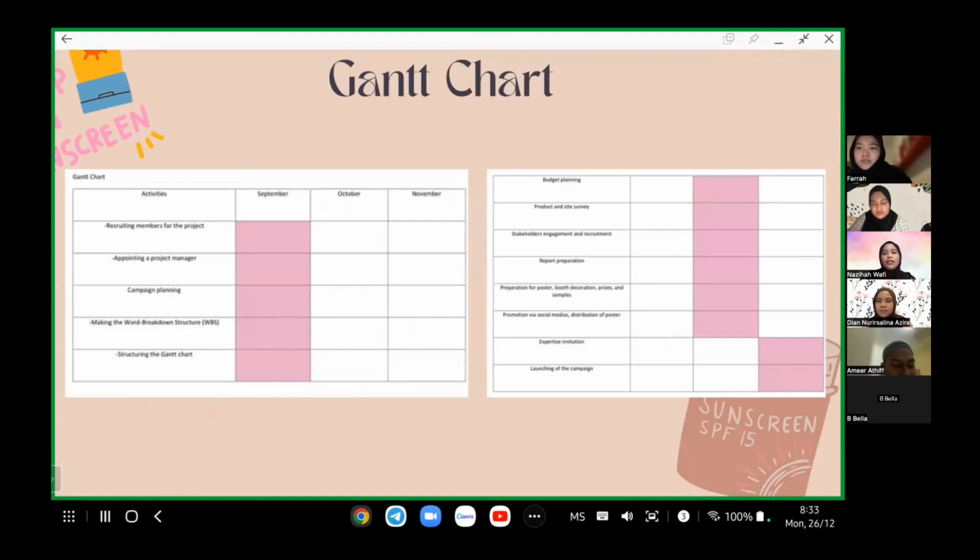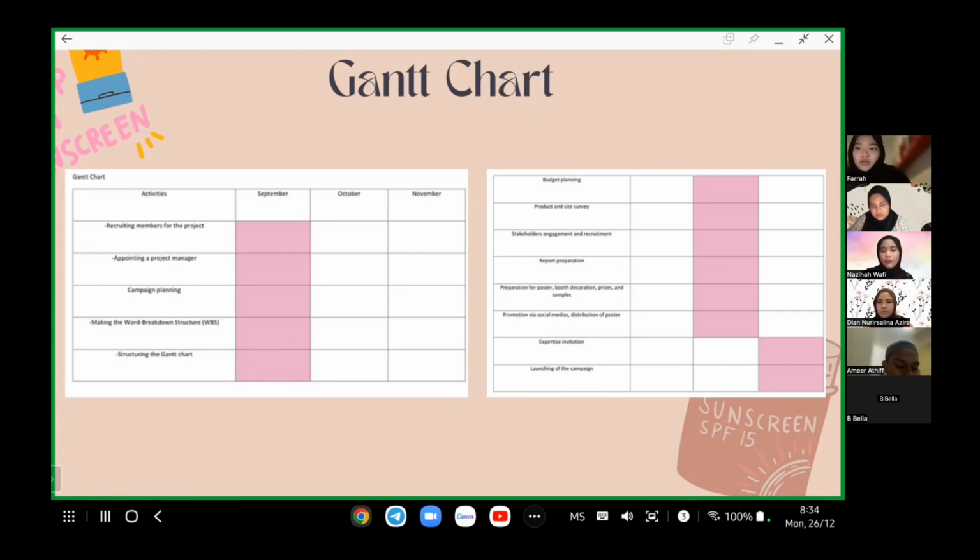And for our Gantt chart, it is a proper plan before we start our project. The activities, such as recruiting members, appointing a project manager, campaign planning, making the work breakdown structure (WBS) that I presented just now, and structuring the Gantt chart, are all done by September.